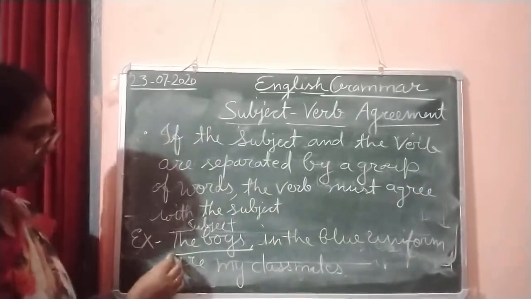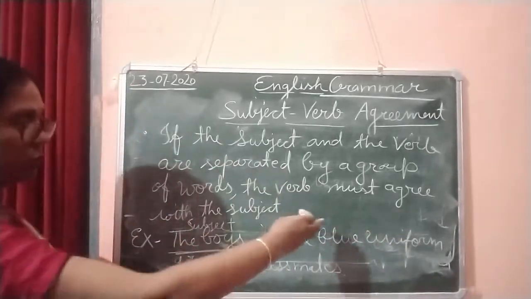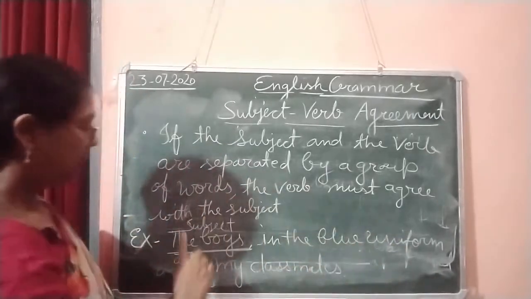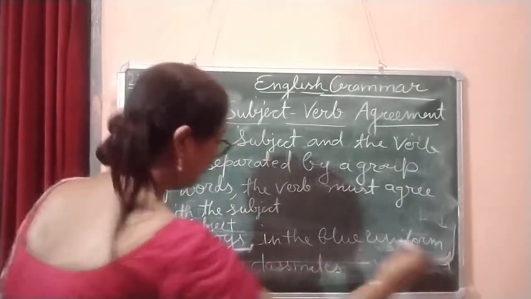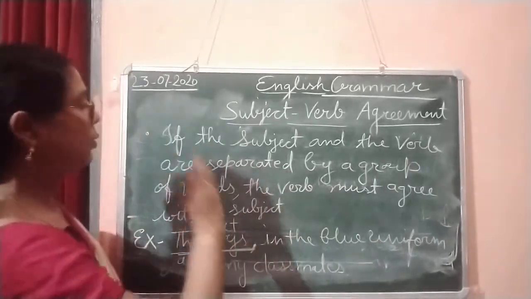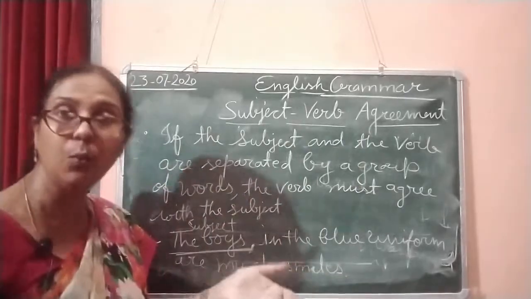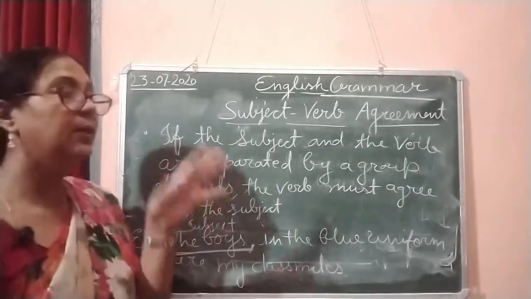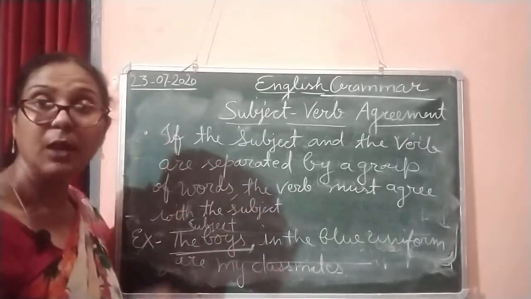If it is given in plural and it is divided into parts, the boys, comma, in the blue uniform, comma, are my classmates. So it is divided into parts. So the subject and the verb are separated by a group of words, and the verb must agree with the subject.